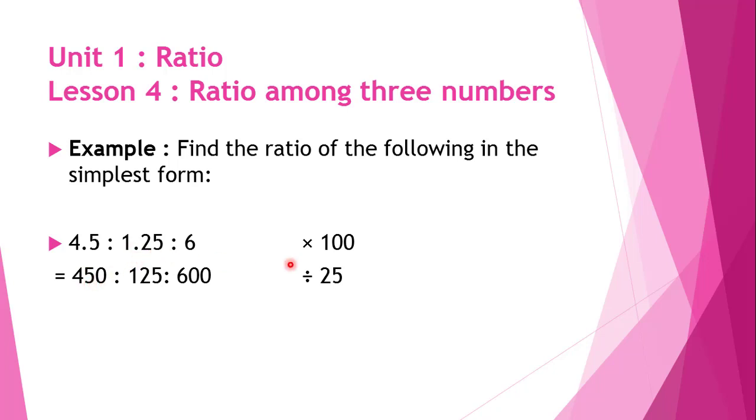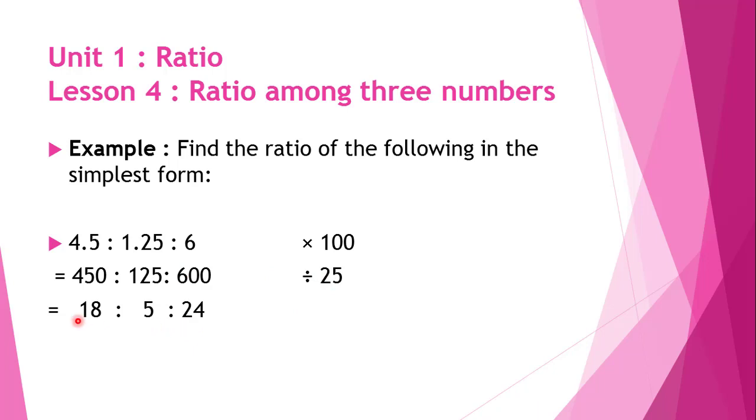1.25, in this case, I'll multiply by 100. So the result will be 125. Also, we have here 6 multiplied by 100, 600. A common factor here is 25, so I'll divide by 25. 450 divided by 25 is 18. 125 divided by 25 is 5. 600 divided by 25 equals 24.